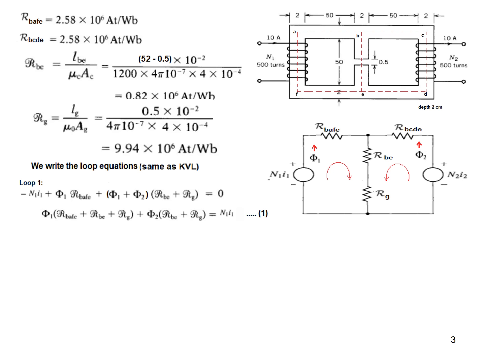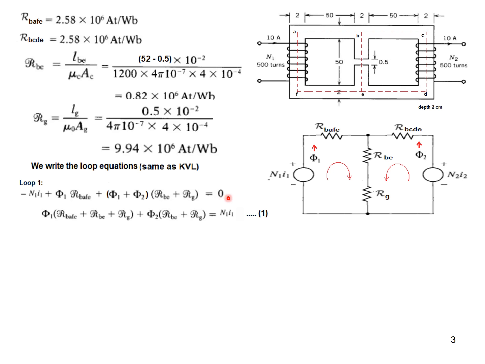So if we go from this corner, which is what I prefer, going from one corner, minus sign, minus N1I1, plus phi 1 into RBF, coming down. Now this is shared by both I1 and I2, or phi 1 and phi 2. So we'll write phi 1 plus phi 2 multiplied by RB, and RG is also shared by both.